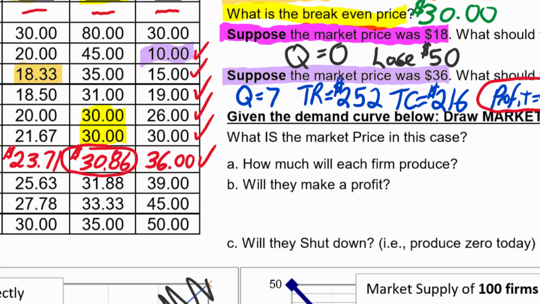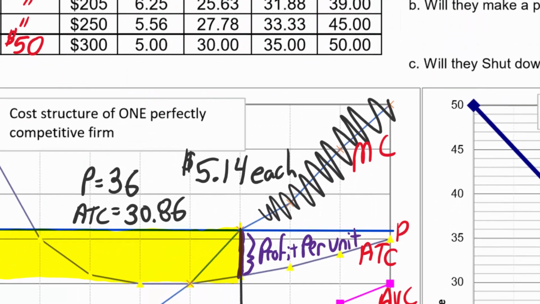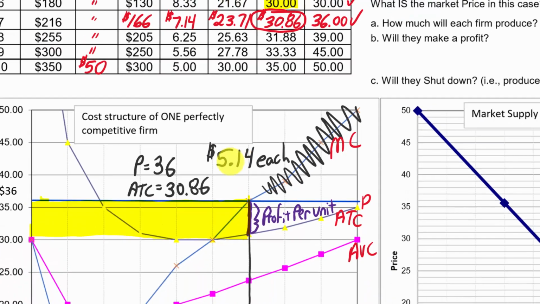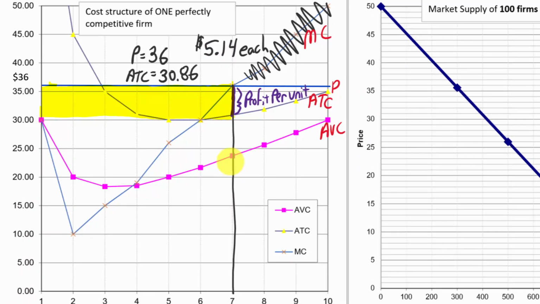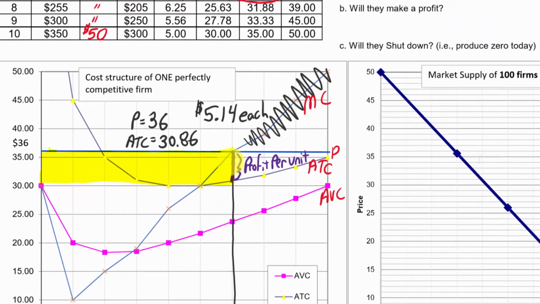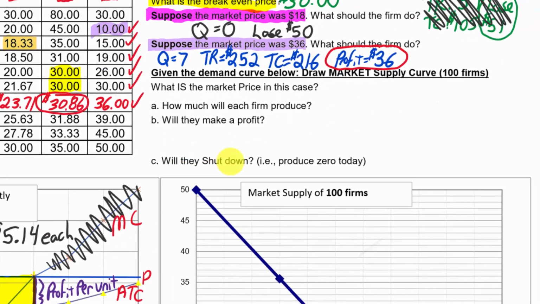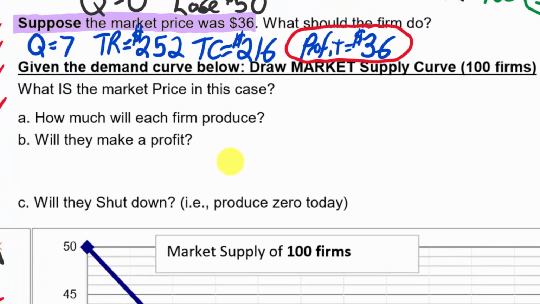And so when we get the profit per unit, there's a little rounding error there in that $5.14. So when we multiply it by 7, we get a tiny bit of error in the calculation. And that's okay. That's not something we're going to obsess over. There's a little bit of rounding error when we do these kinds of problems sometimes. As long as we're getting within 2 cents, right? That's pretty darn close to our profit calculation. $35.98 or $36, that's practically the same thing.